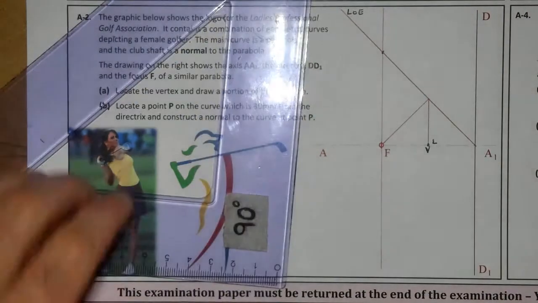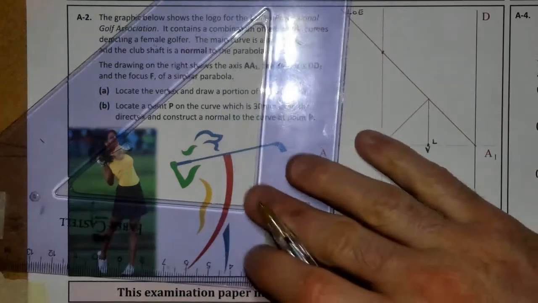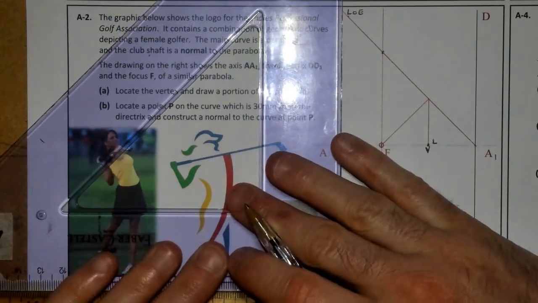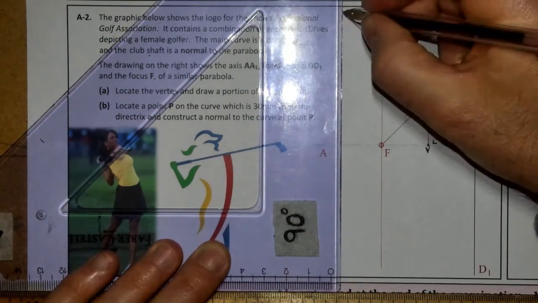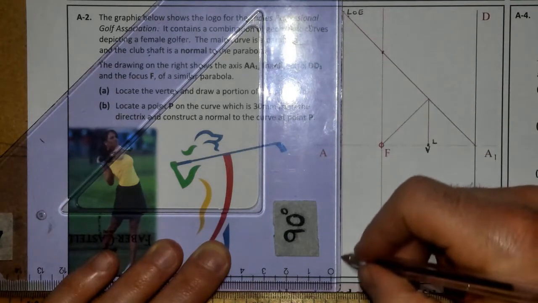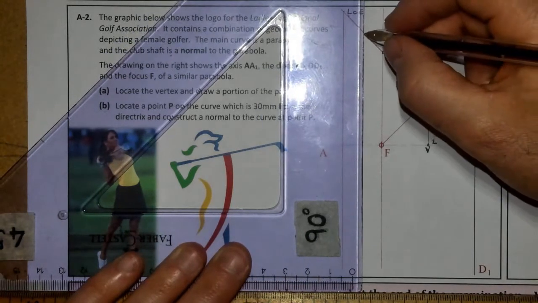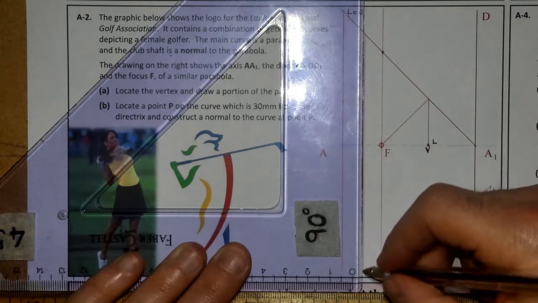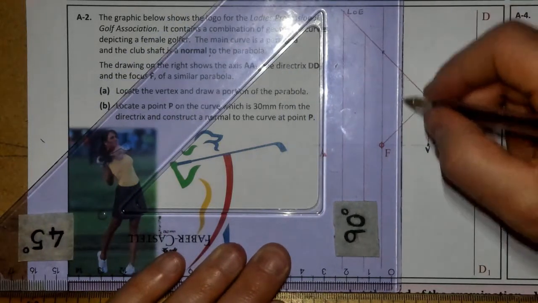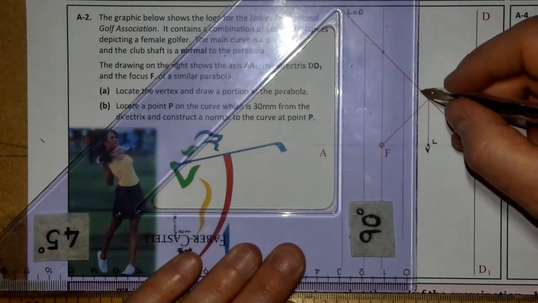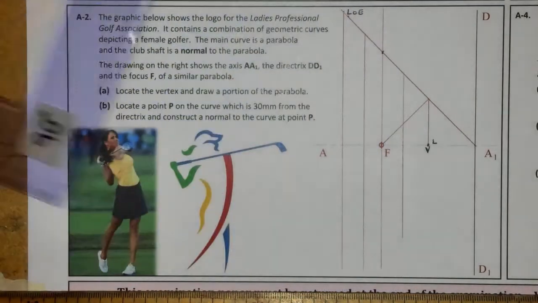So I'm just going to do some various cut lines here to help me find the points on the curve. I'm going to pick a point there. I'm going to do a line up and down. I'm also going to do another one here, one in here, and one more. That'll probably be enough actually.